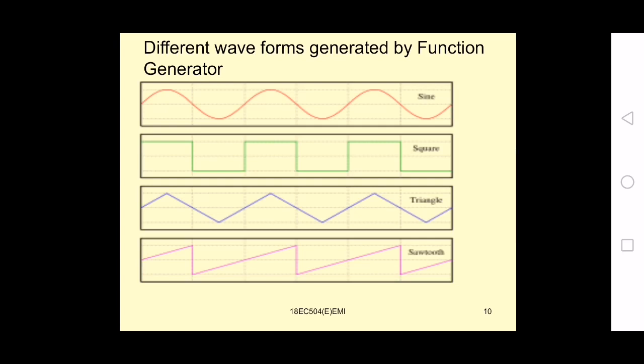These find various applications in electronics and communication engineering. Which are generated by the function generator. Whereas AFO will generate only sine wave and square wave, but the function generator will generate sine wave, square wave, triangular wave, and sawtooth waveform.